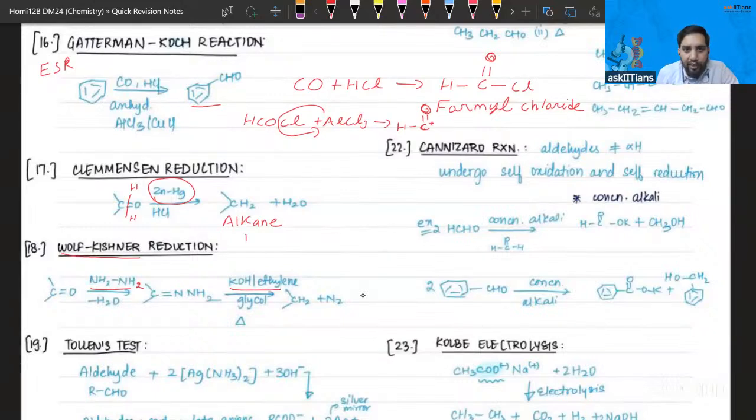So in the first step, you use NH2NH2. In the second step, KOH and ethylene glycol. What is ethylene glycol? CH2OH-CH2OH is known as ethylene glycol. That again produces an alkane. Alkane is the product here.